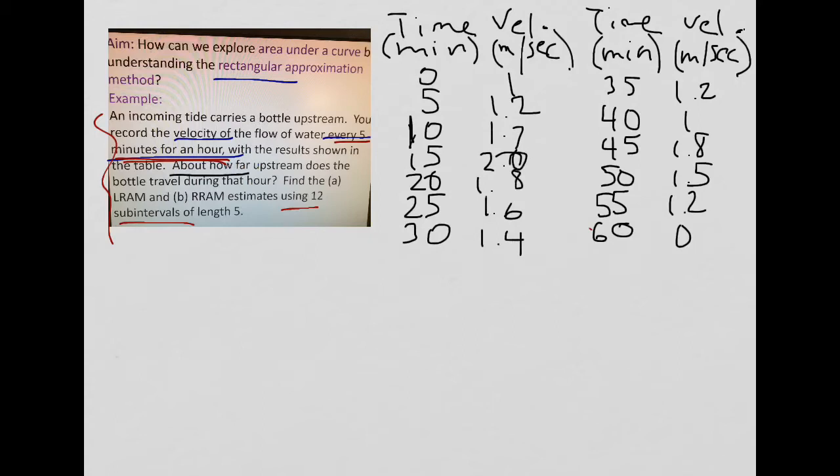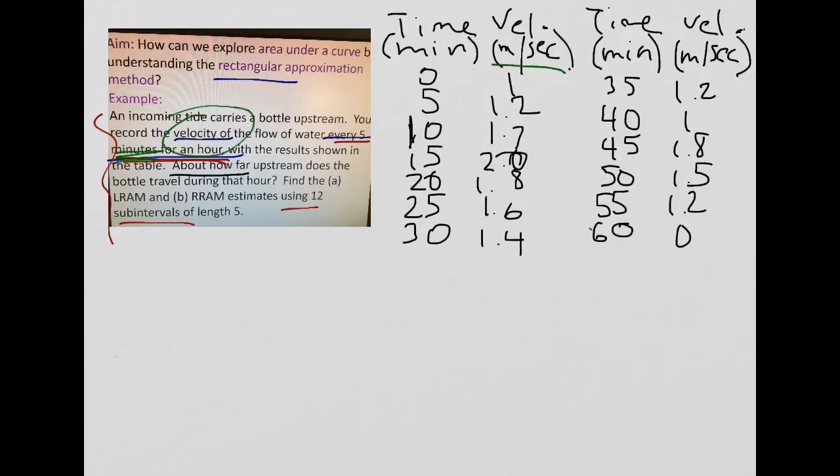All right. So another thing that I'm going to point out that we should see in the table is that the time is indeed measured in minutes, but the velocity is measured in meters per second.